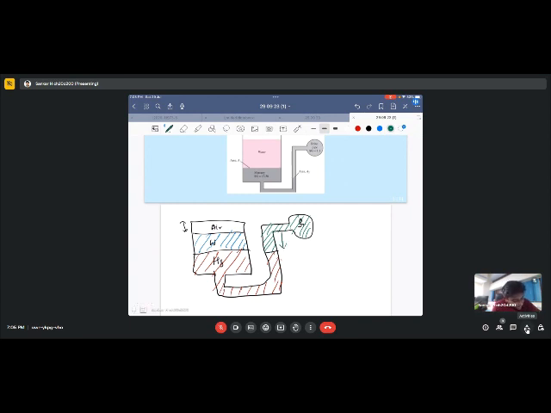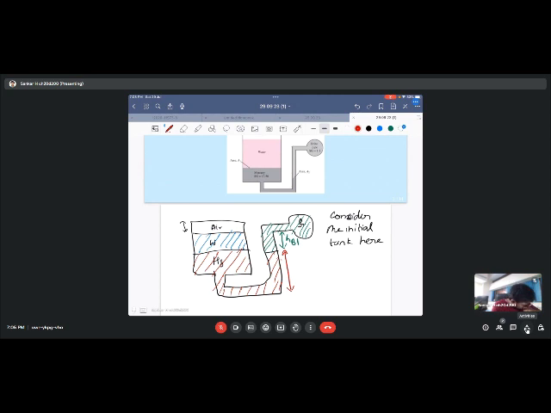Now let us assume the heights of each case. Let us assume that this has a height HB1. So let us consider the initial tank here, and let us assume that the height of brine in the right limb is initially at HB1.